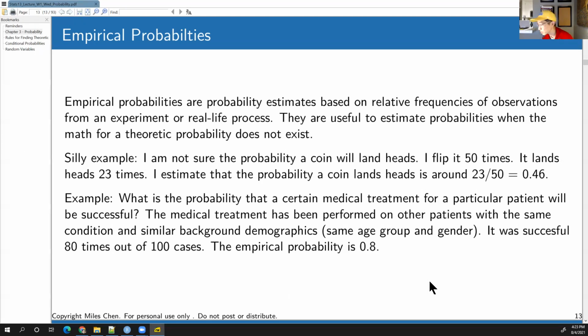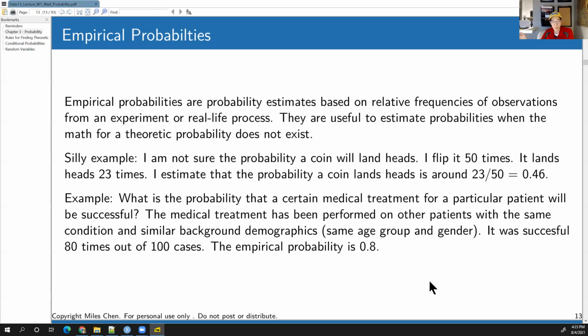So, something else we could ask is, what's the probability that a certain medical treatment for a particular patient will be successful? So you say, I suggest using this medication, right? And you look at the history. You say that this medical treatment has been given to other patients with the same physical ailment or condition.